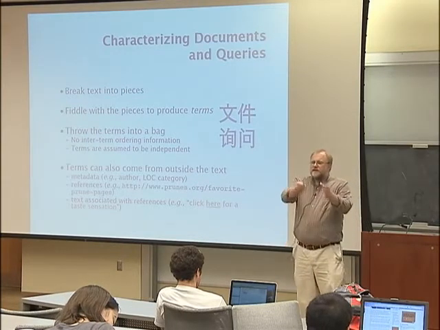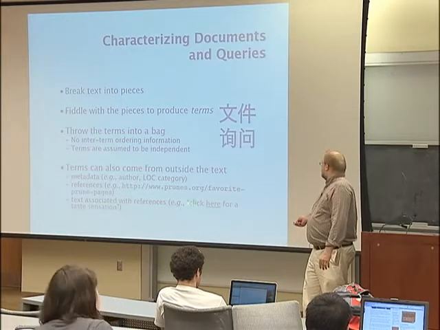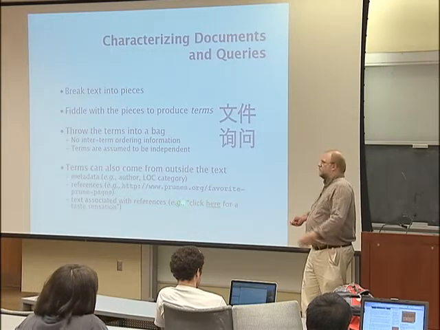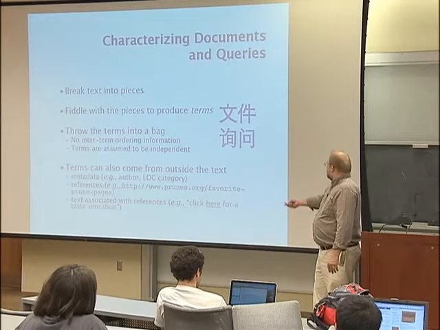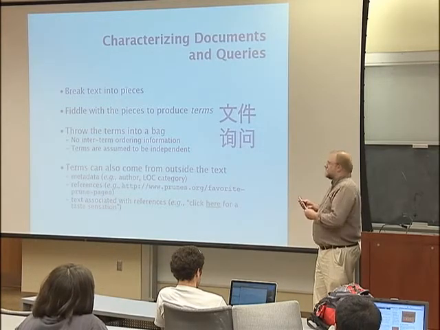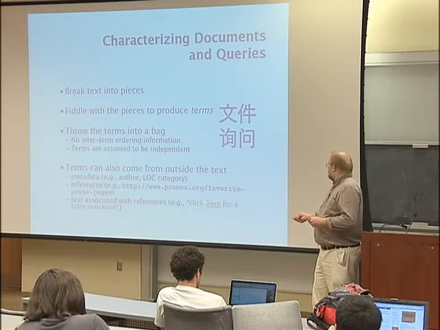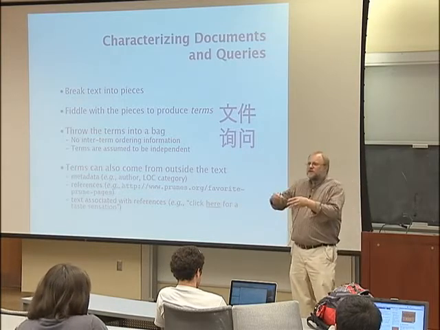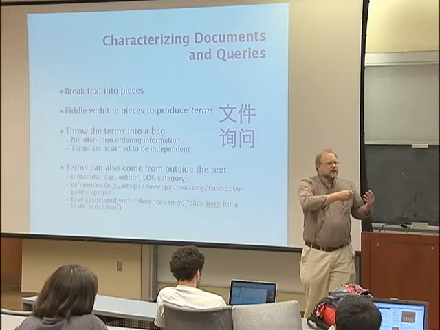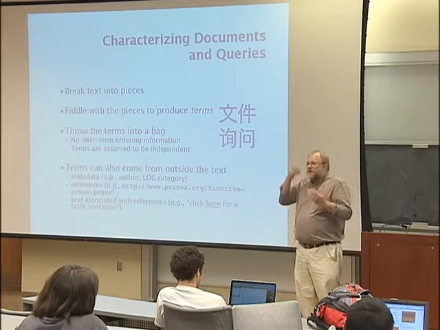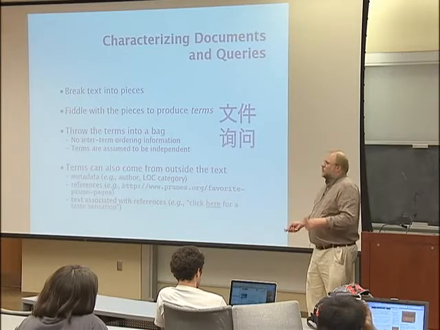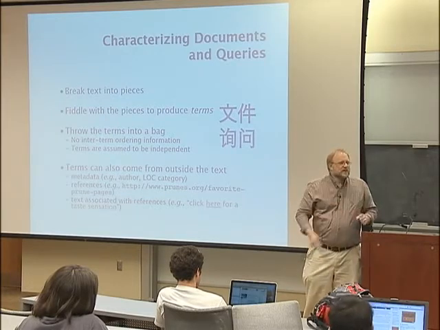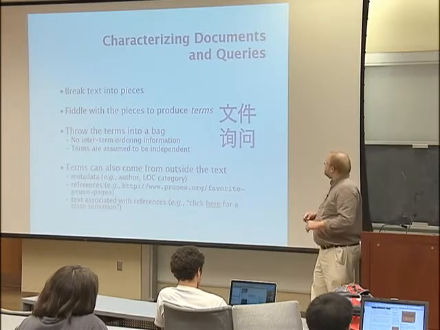So if you have a document here and there's a page that points to it, says click here for a taste sensation, you might use taste sensation as words that help characterize that document. So the terms don't have to come out of the document, but typically you do at least take the terms that come out of the document and maybe add some others.